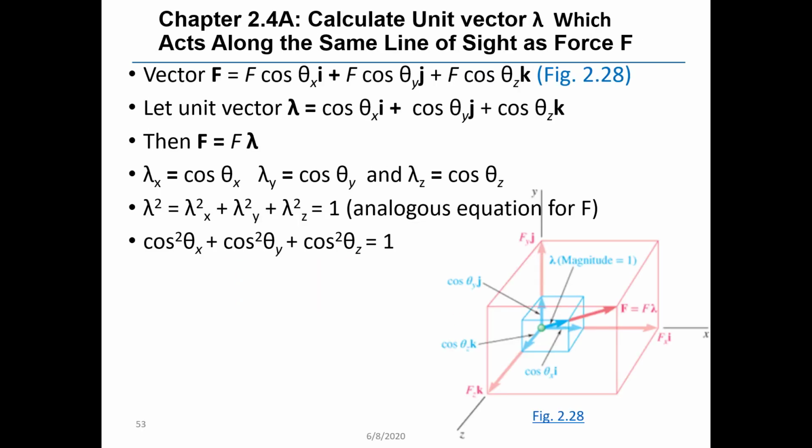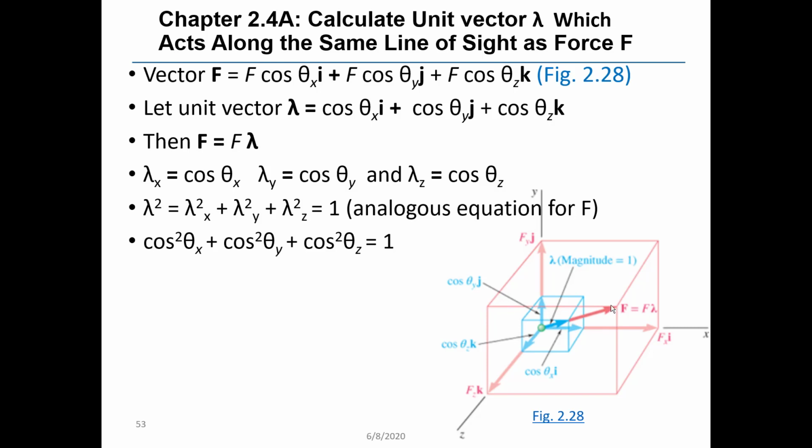In this slide, we'll show you how to calculate a unit vector lambda, which acts along the same line of sight as force F. In figure 2.28, force F is represented as the magnitude of F times cosine theta x times i plus the magnitude of F times cosine theta sub y times j plus the magnitude of F times cosine theta z times k.